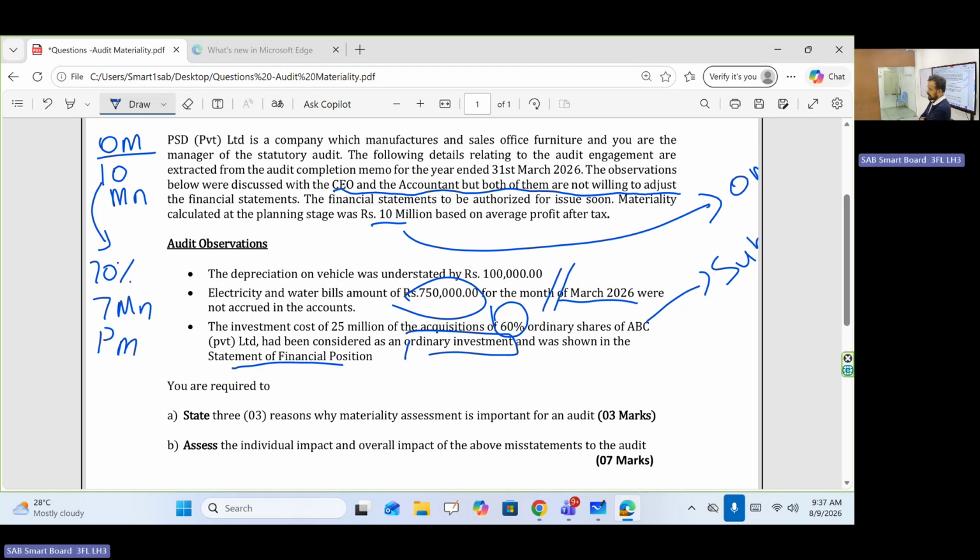In brackets, performance materiality in the diagram is 10 million into 70%, which gives 7 million. Which means this misstatement is not material because it is less than 7 million. Okay. Number 2.